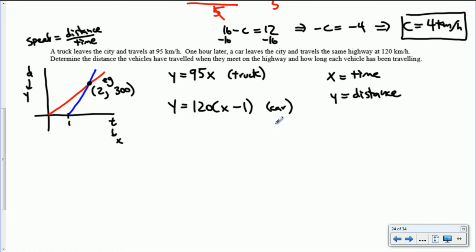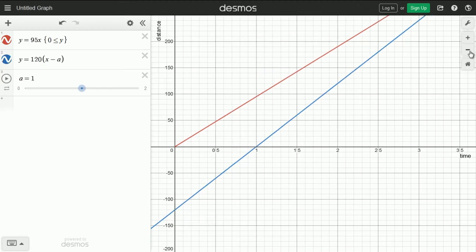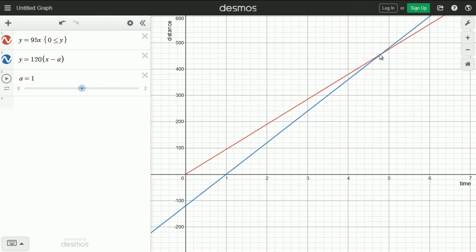We need their distances to meet. So graphically, pretty simple, especially on Desmos. We just find where they intersect, and I can see that's at 4.8 hours. They've each traveled 456 kilometers, and this point is where the car overtakes the truck. So it starts 1 hour later, it catches up. At this point, the car passes the truck, and it's leaving the truck in its rearview mirror beyond here.